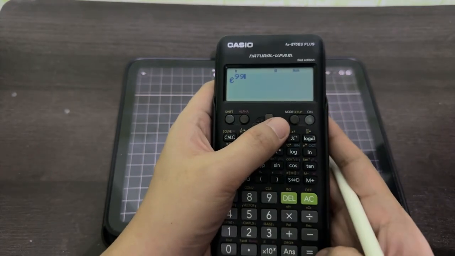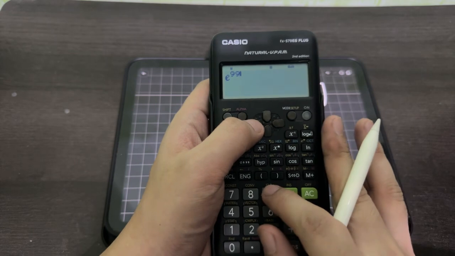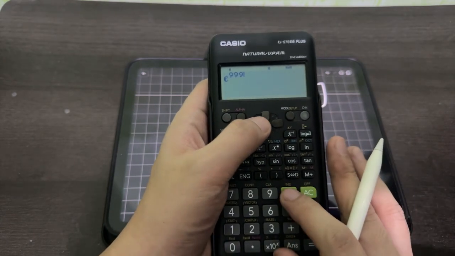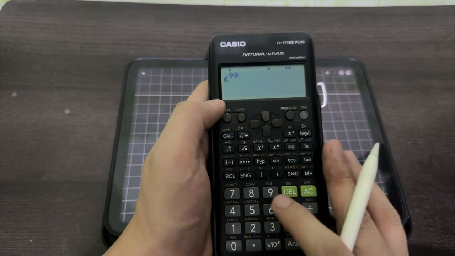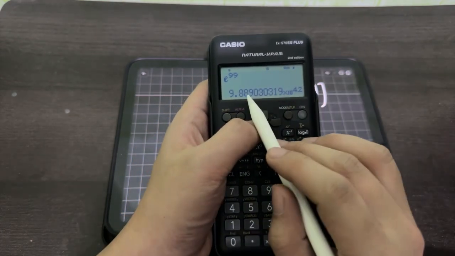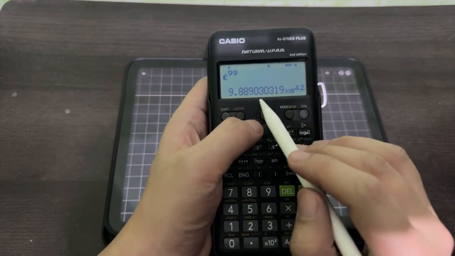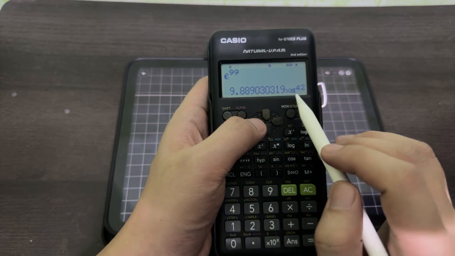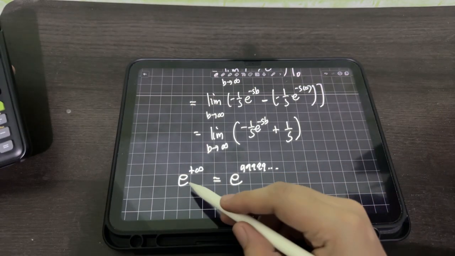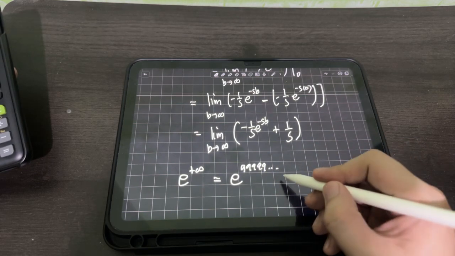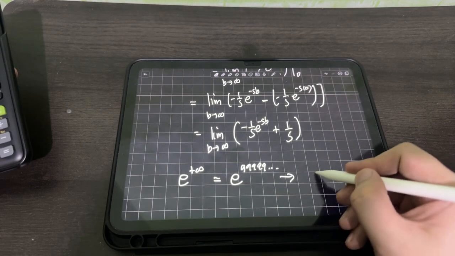Let's input, say, 39. It's already an error, meaning it's too large already. Let's just use e raised to 99. Notice that it becomes a large number. It approaches positive infinity.